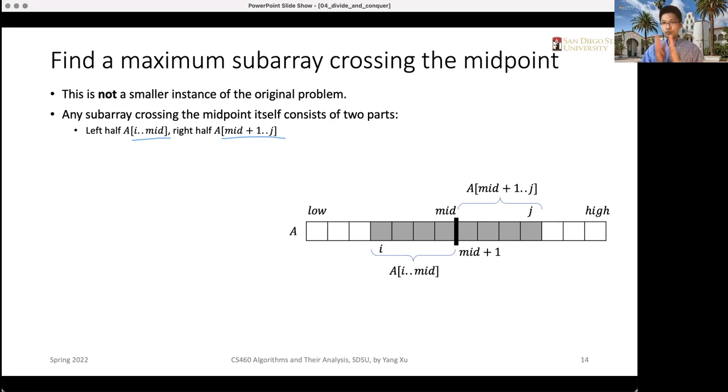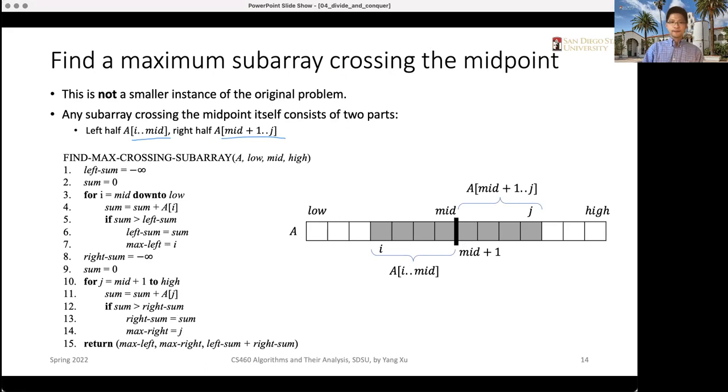It looks like we don't have a better option than to use for loops to iterate over all possible options. Okay, so here's the code for finding the maximum crossing subarray.